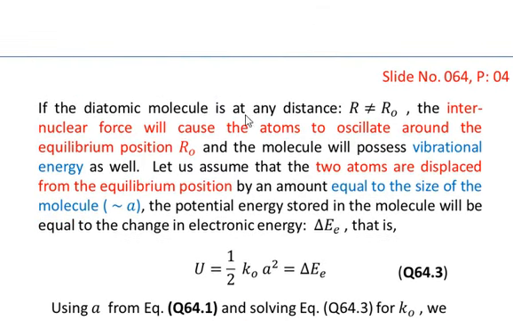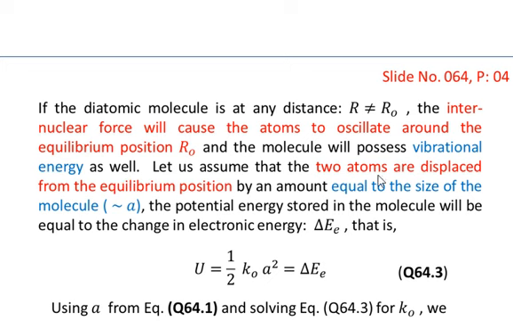If the diatomic molecule is at any distance R not equal to R naught, but in its vicinity, the internuclear force will cause the atoms to oscillate around the equilibrium position R naught, and the molecule will possess vibrational energy as well.